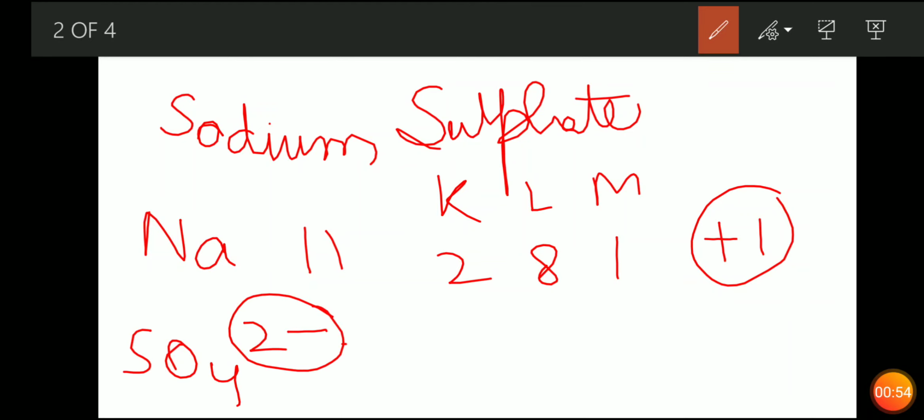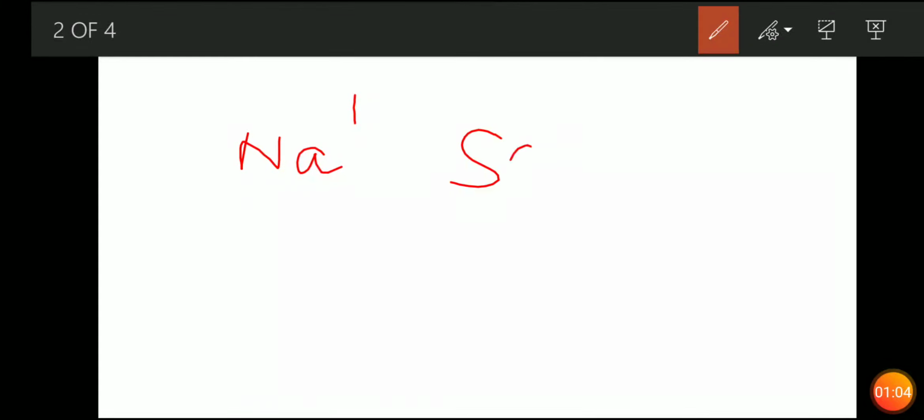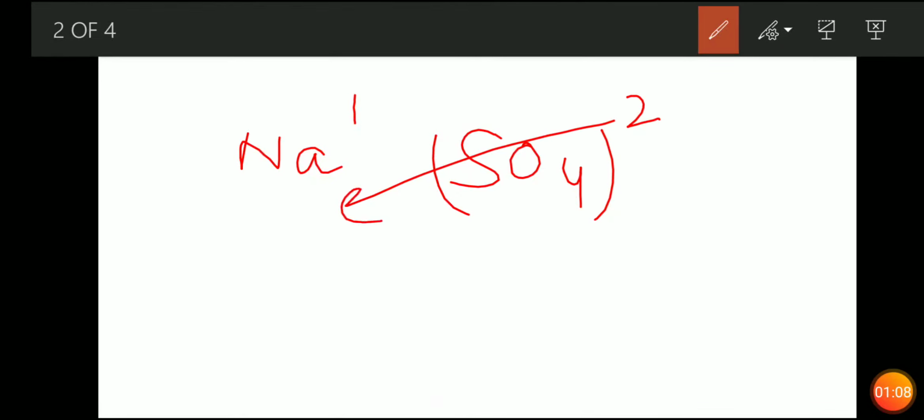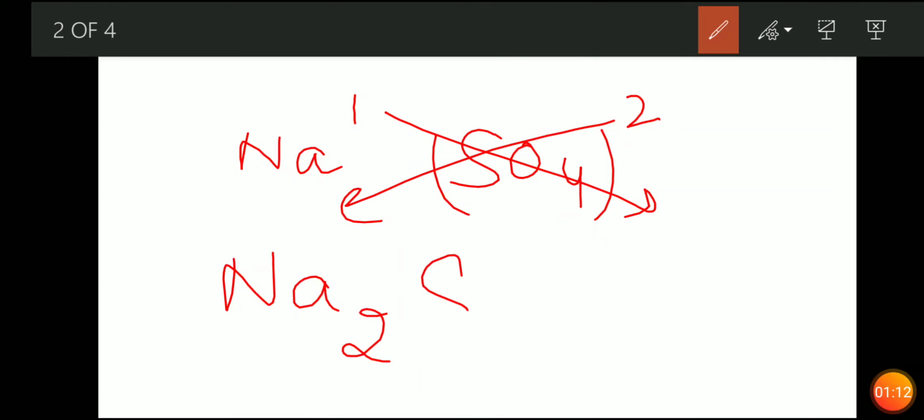This 2 minus means it has a valency of minus 2. So how will we make the formula? Write the valencies. Na is 1, SO4 has a valency of 2. So interchange the valencies and you will get Na2SO4. This is the formula of sodium sulfate.